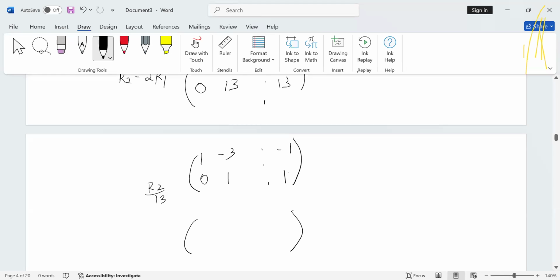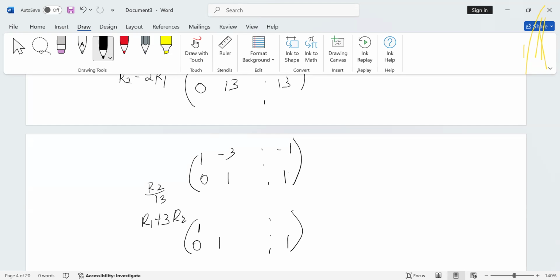This one is just R1 plus 3 R2. Because you've seen this is a negative and this is a positive. You need to get 0, which you want. This one, we are through with them, because we've already gotten 0, 1. So to get this value, you have R1 plus 3 R2. 3 times 0 is just 0. So you have R1, which is minus 3, plus 3 times R2.